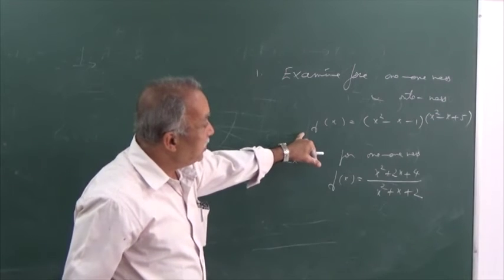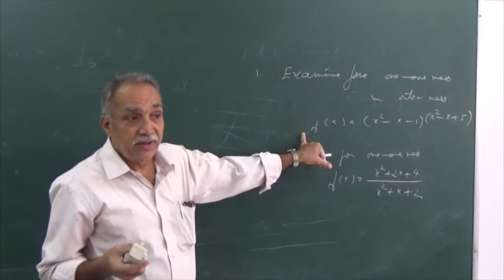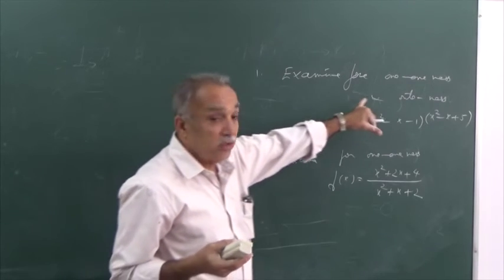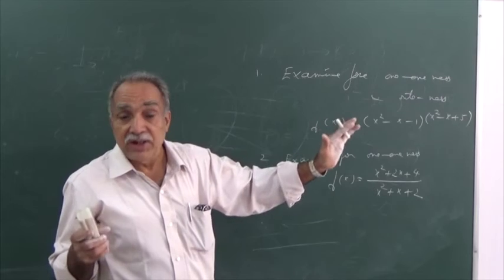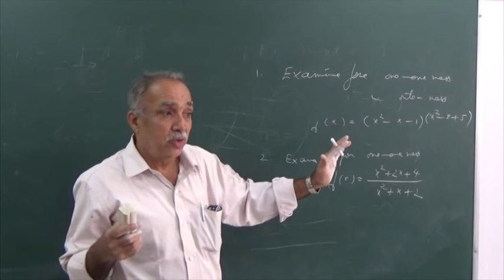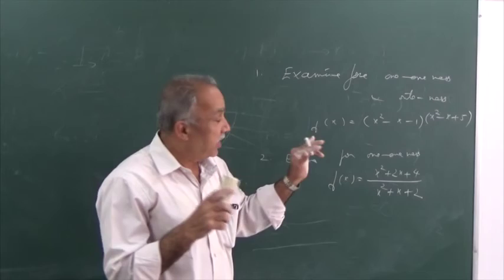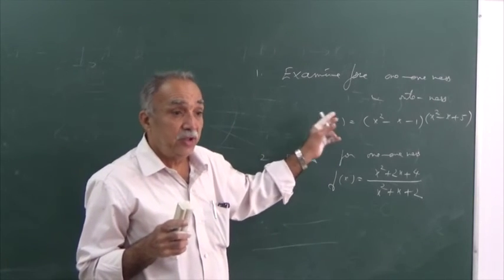Domain not mentioned means you take the entire set on which the formula makes sense as the domain. You are required to examine for ontoness also. Codomain not given, so you accept the whole real number set R as the codomain. You have to examine f as a function from R to R for 1-1ness and ontoness.